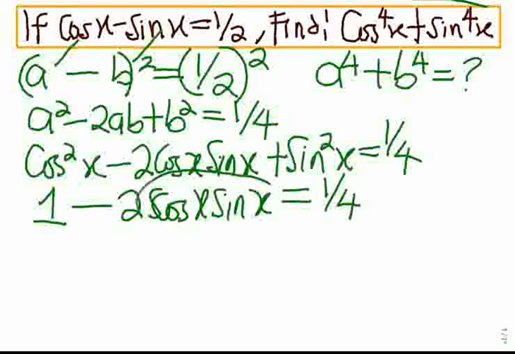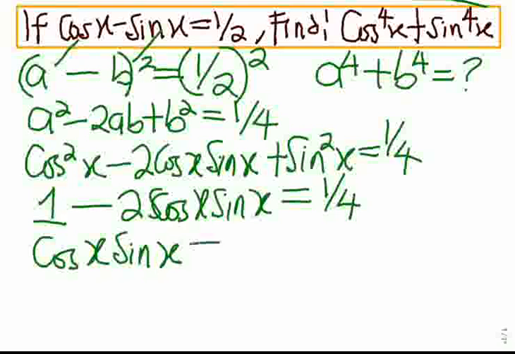My next step here will be to solve for cos x sin x. I solve for cos x sin x by collecting like terms. 1 minus 1 over 4. And then later I'm going to divide both sides by these 2.